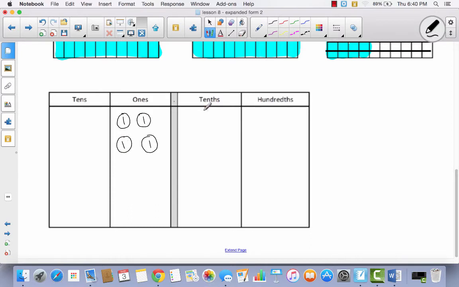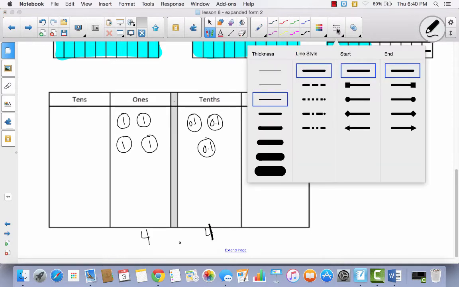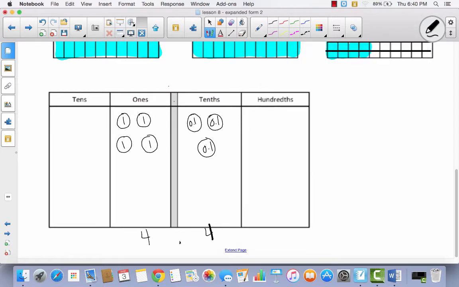And then we have 3 tenths. 1, 2, 3. And these are tenths, 0.1, 0.1. So what if I said to you, okay, I've got 4 ones and I've got 4 tenths. So this would be 4.4. So what if I said, I've got 4 ones and 4 tenths. I want to know how many tenths that is.